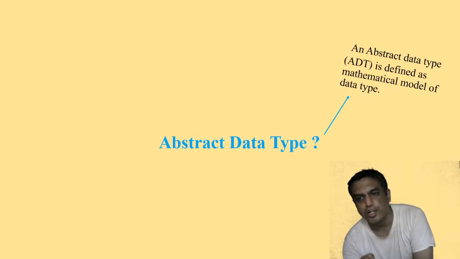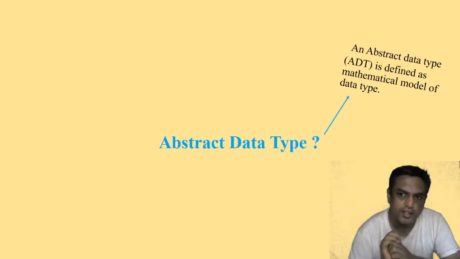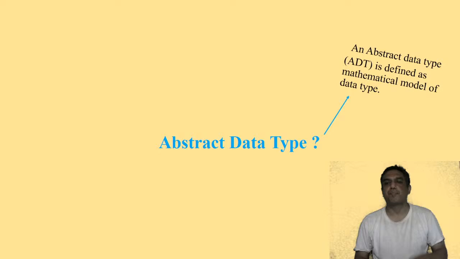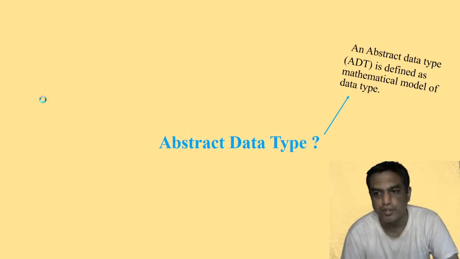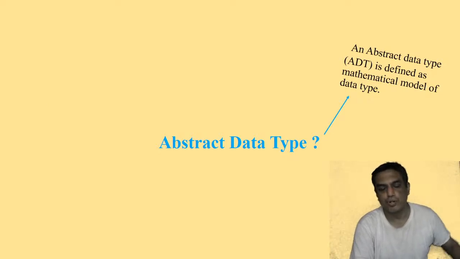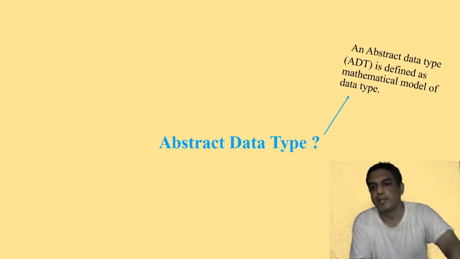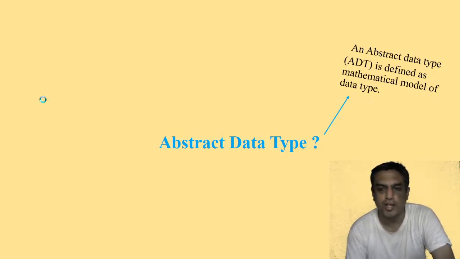Now we are going to learn about abstract data type. What is ADT? Abstract data type is defined as a mathematical model of data type. What is a mathematical model? A mathematical model is nothing but a formula. Right?